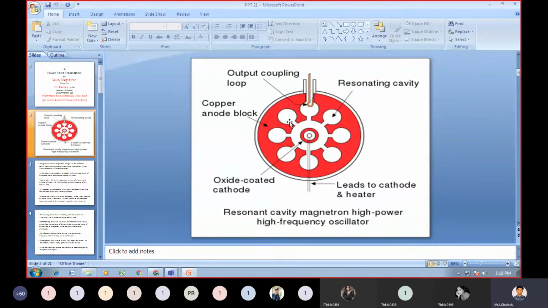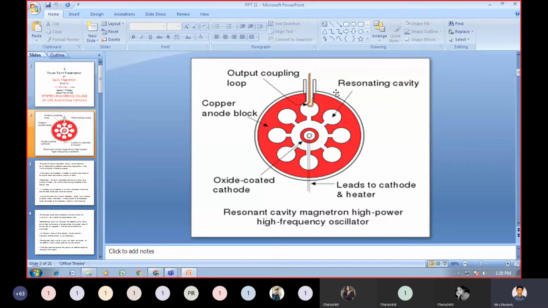The parallel sides of the slots act as a capacitor, while the round holes form an inductor. It is an LC circuit made of solid copper with a resonant frequency defined entirely by its dimensions.